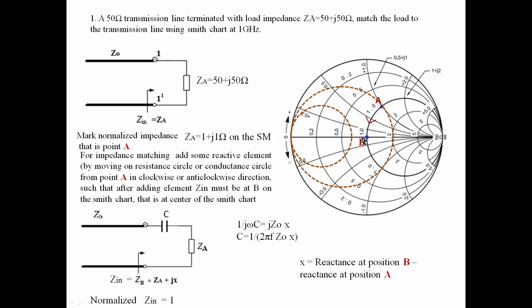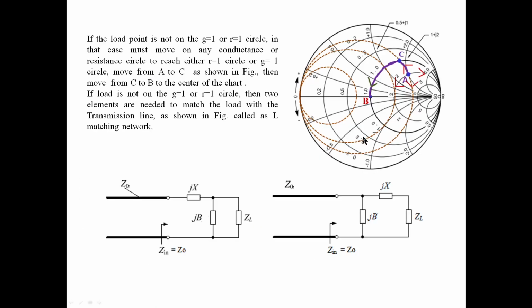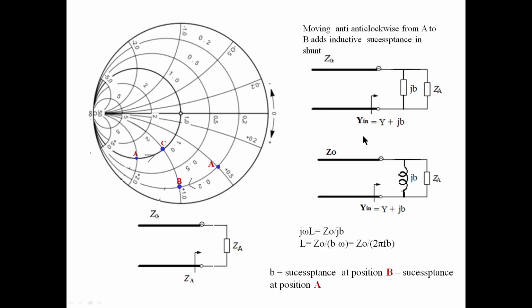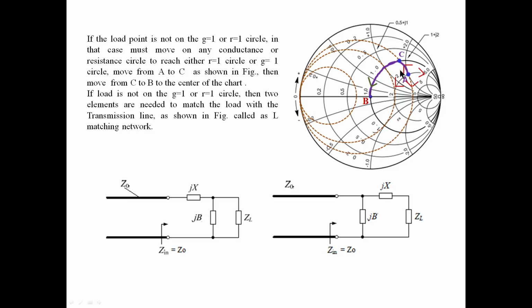But see in other problems, for example here, in this problem the load is this point. Here you should identify which resistance circle and which conductance circle pass through it: this is the R equal to 2 circle, and this is a G circle.